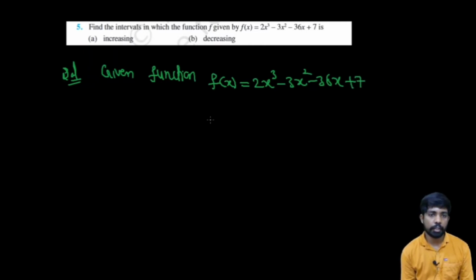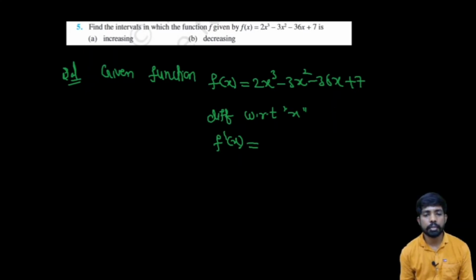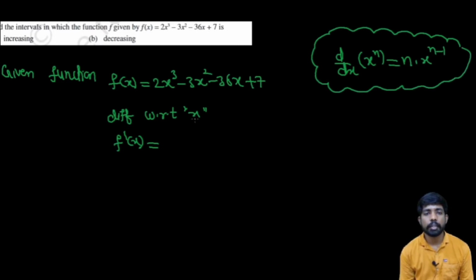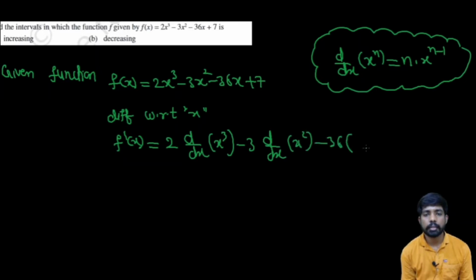Now differentiate with respect to x. So f dash of x is equal to, following the formula, differentiation of x to the power of n is n into x to the power of n minus 1: 2 into differentiation of x cube, minus 3 into differentiation of x square, minus 36 into differentiation of x, plus differentiation of 7.